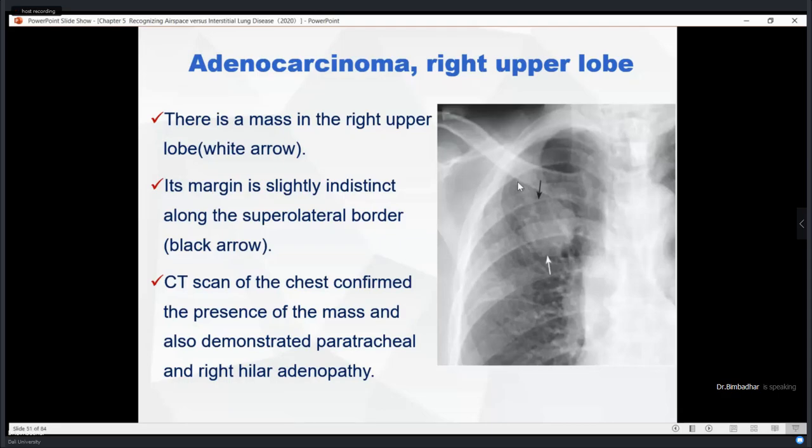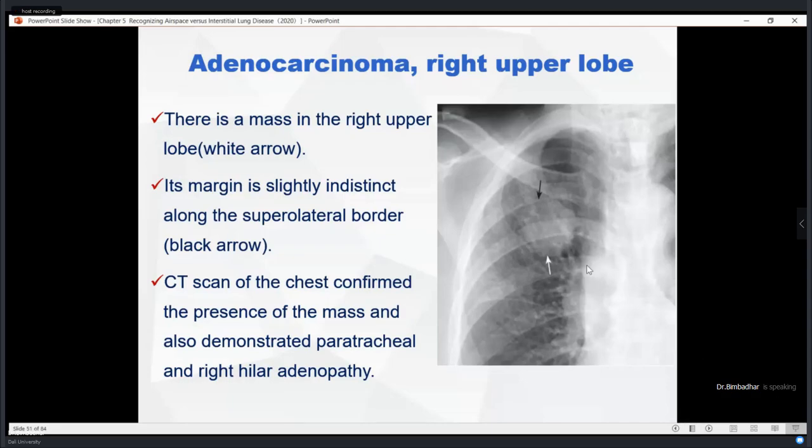So it is an attachment, happening around the superior lateral border of the mass, and that is called an adenocarcinoma. Most of these diseases are malignant and have a lymphatic spread.